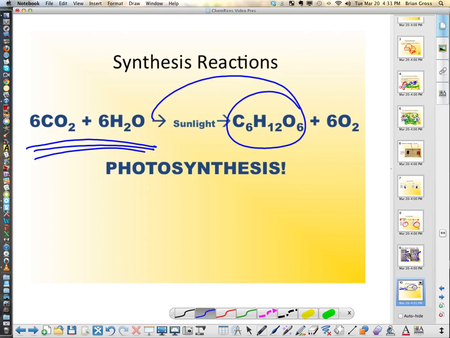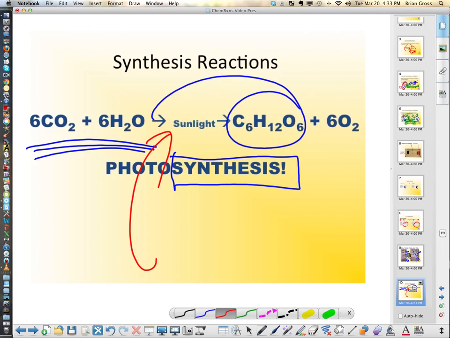That is called synthesis. Thus the term photosynthesis. Now, for those of you at home, what is sunlight in this equation? Well, I said before that sunlight would go above just like our enzymes did. And it goes above because it provides energy for this reaction and allows photosynthesis, which happens in plants, to occur.